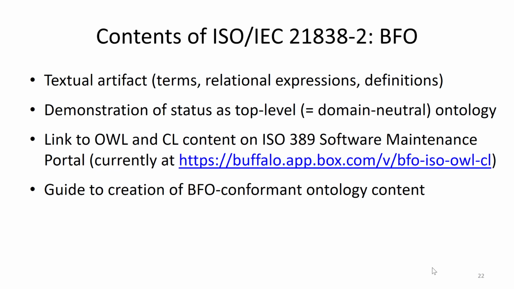I can go through this quite quickly. We have the textual artifact, we have a proof that it is domain neutral and absolutely general, as I explained, and this is the link where you can find the formal part, which is already there. It's not yet on the ISO portal, but it is freely available, and it almost certainly will not change.